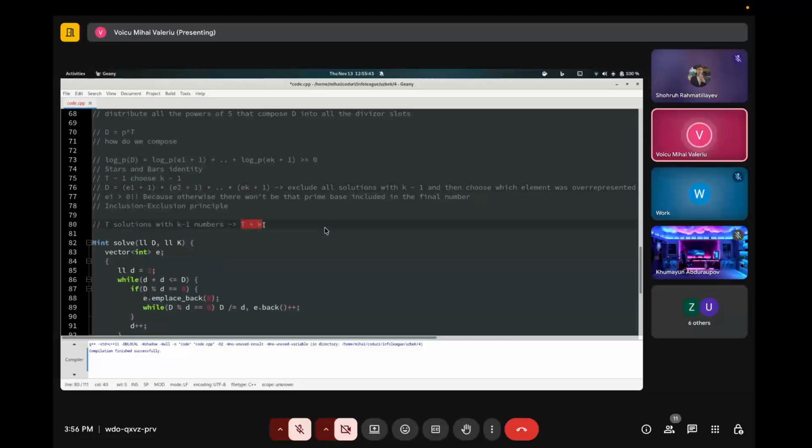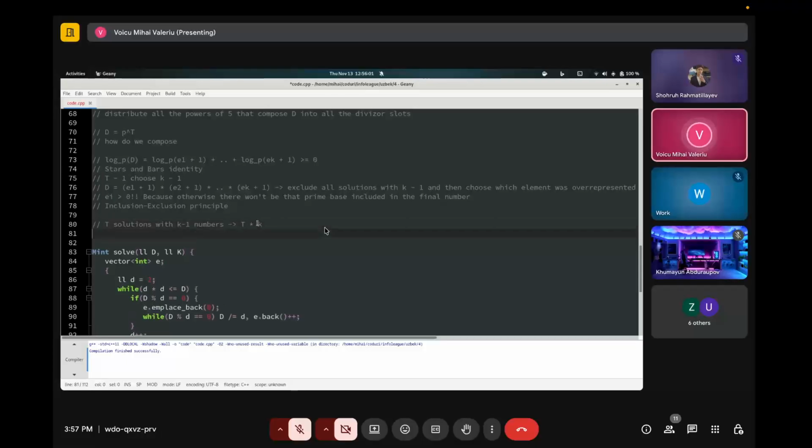What we've done then is create a solution that we've counted, but is wrong, because it is valid in representing D as a product of divisors, but also has a number equal to 1.